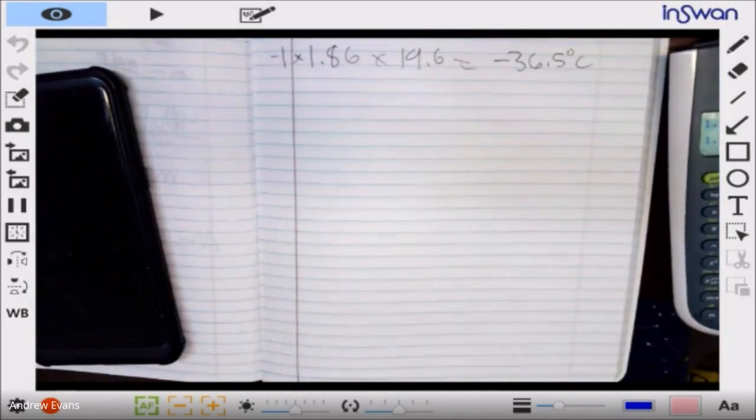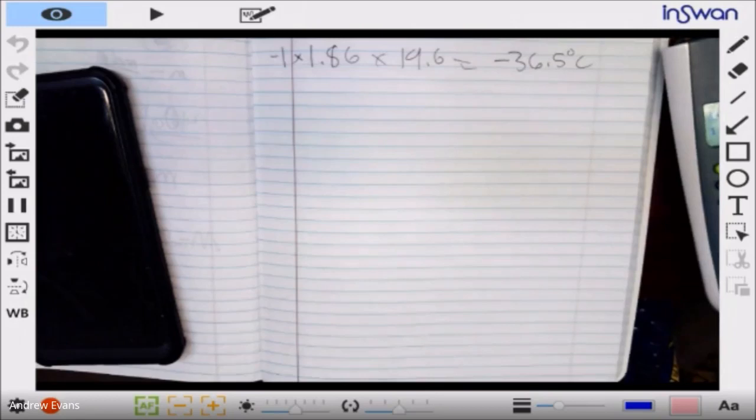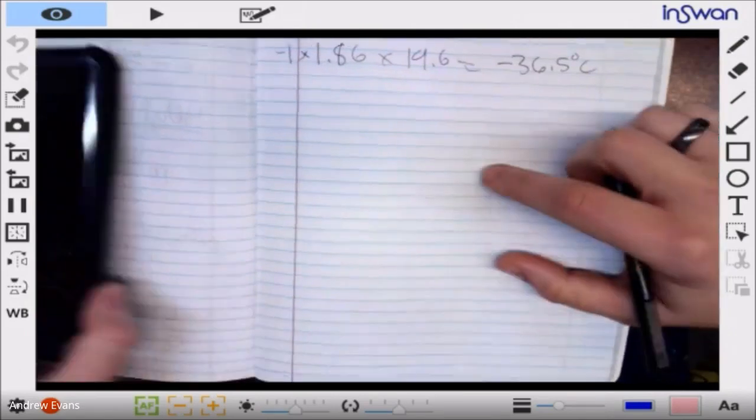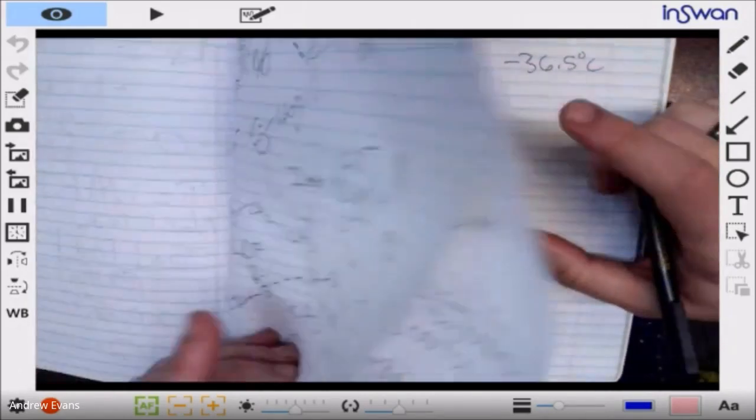In this problem, I gave you the hint, it's not water. You had to look up the freezing point. Oh, it's not peroxide. So you had to look up the freezing point of water. But that was given on a lot of different notes. So it was always there.